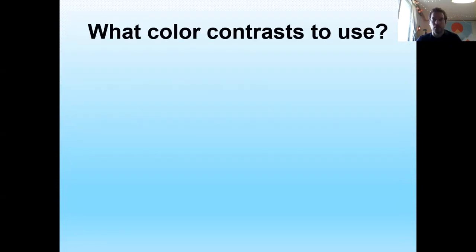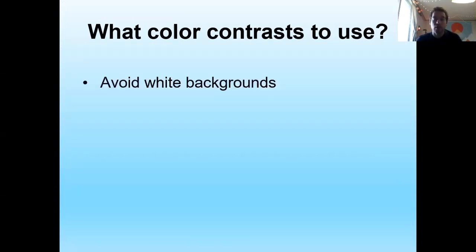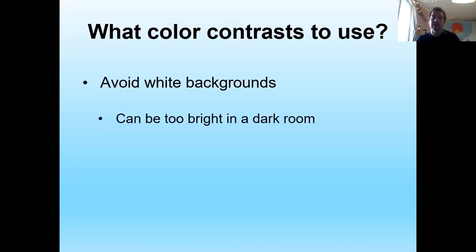Now let's focus on the colors. What color contrast, what color combinations should you use? What are good color contrasts? Well, avoid white backgrounds because in a dark room, it can be too bright. Like that, it can be very bright in a dark room.